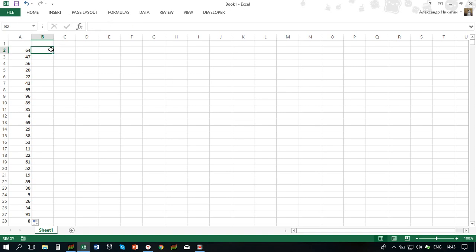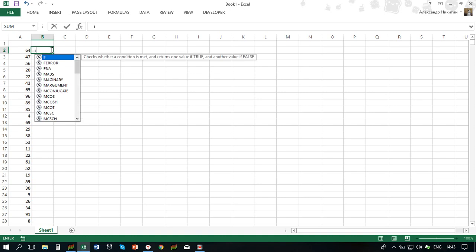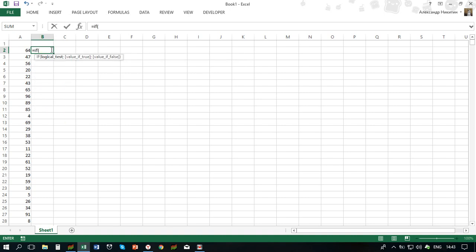Okay, let's type the results. So this equals if this number is less or equals 40, yes, then it is a loser, type -1. And if it is not, else type +1.